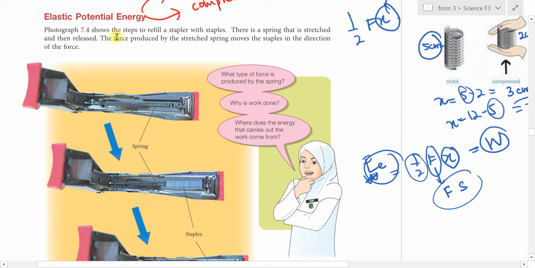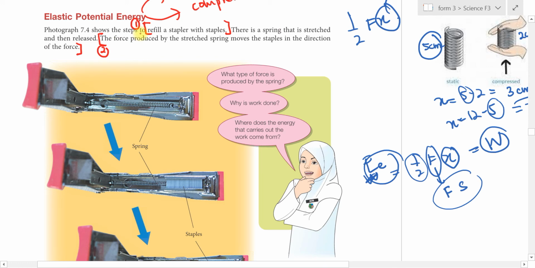There is a spring that is stretched and then released. The force is produced by the stretched spring. Move the staple in the direction of the force. So the activity is refill a stapler with staples. Okay, this is your first point. And how do you explain that? The force produced by the stretched spring moves the staple in the direction of the force. This is the second point, guys. Write these two first.